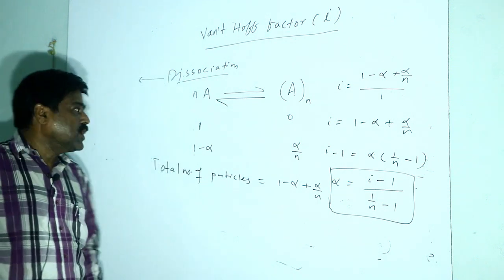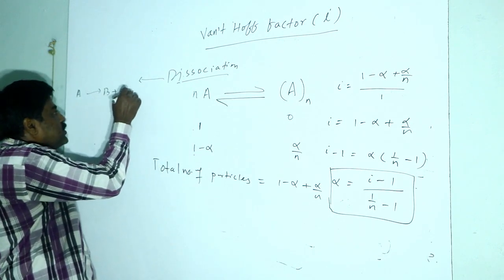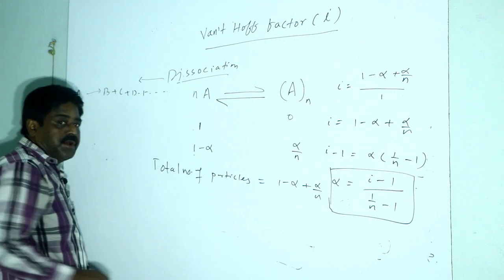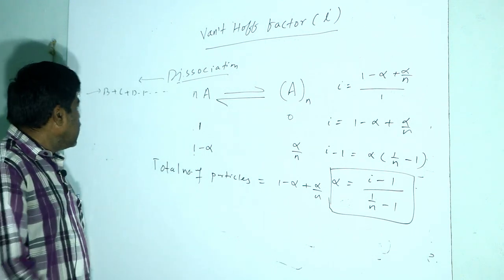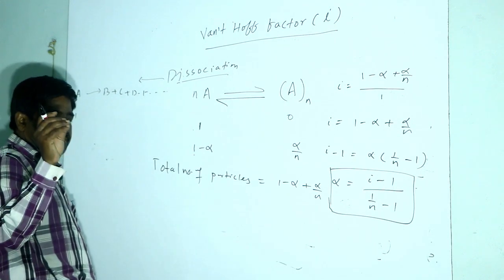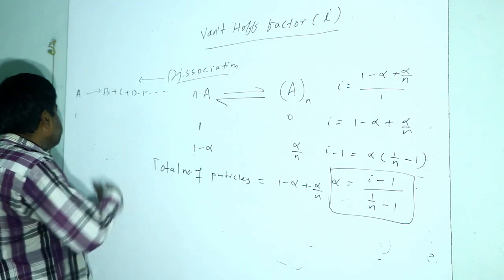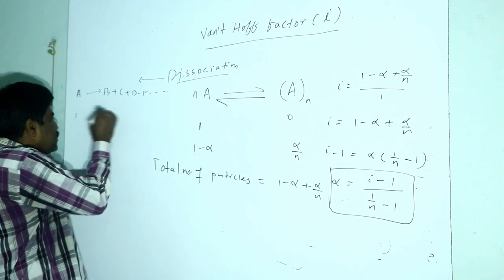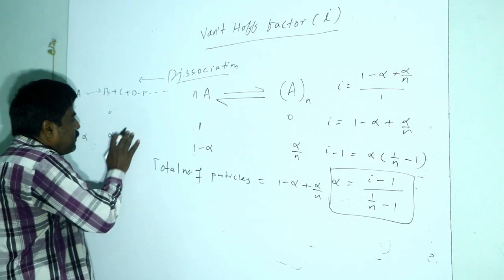It will dissociate into, let's say, B plus C plus D, different particles. Let 1 mole be the initial number taken, and alpha is the degree of dissociation. The products were 0 initially. Then A becomes 1 minus alpha, and each product will be alpha.